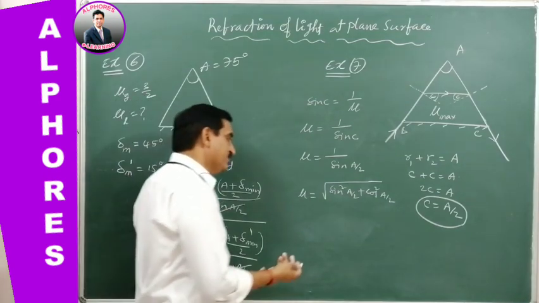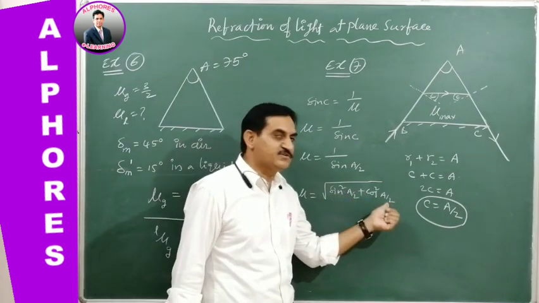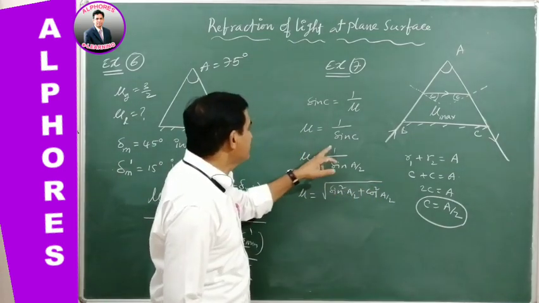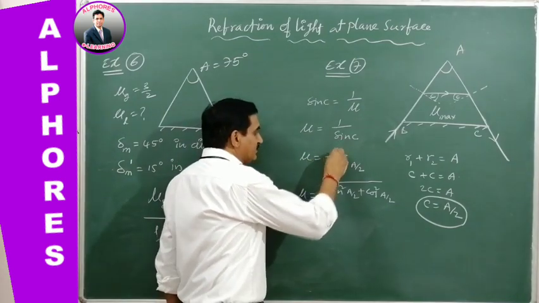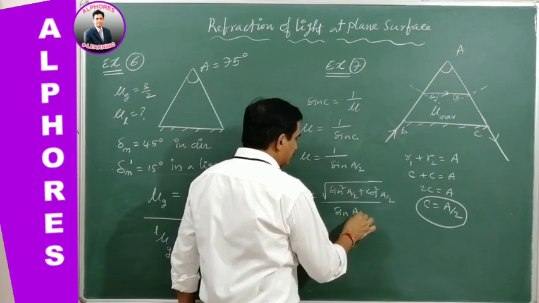Root over 1 is giving 1. See here, sin square A by 2 plus cos square A by 2 giving 1. That is, root over 1 is giving 1. Therefore, instead of 1, I am taking the value like this, divided by sin A by 2.